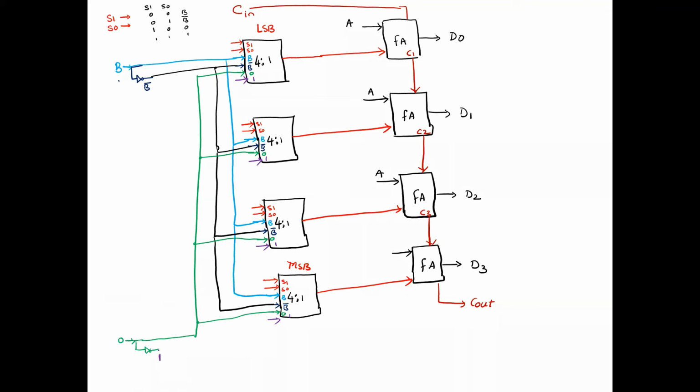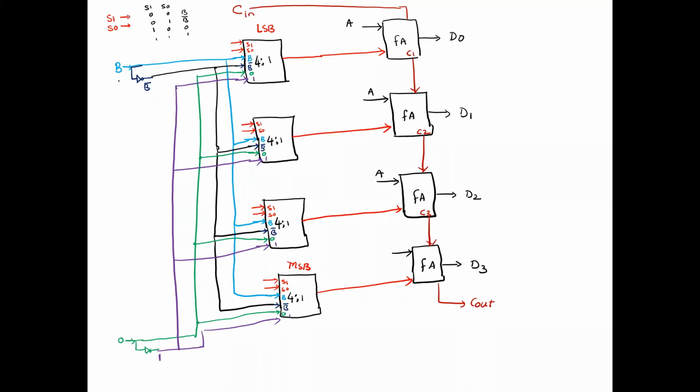And how is 1 produced? By connecting a NOT gate. So here we have 1. I will extend this line to here, 1 over here, then 1 over here, 1 over here, and 1 over here. Is that fine?